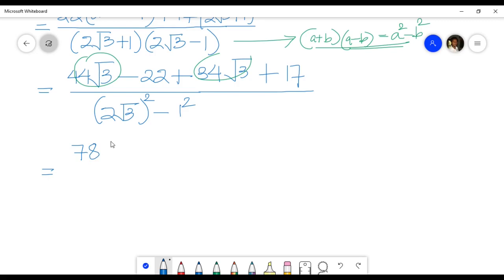And root 3 plus root 3, they are common, so it will be written as root 3. 78 into root 3 minus, let's solve the real numbers, minus 22 plus 17. Minus and plus, what do we have to do? We have to subtract, right? And the symbol of the bigger number, that is 22. So we got it as minus 5.